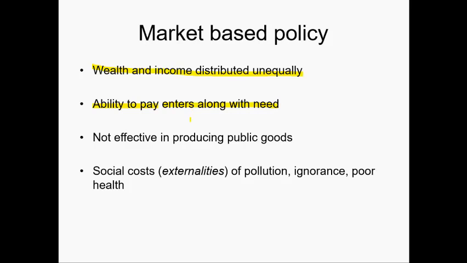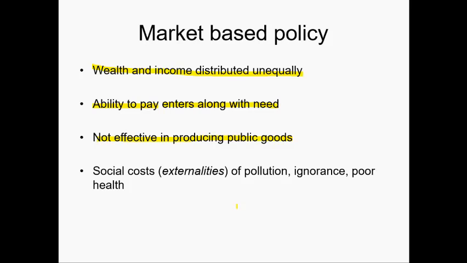So again, market-based policy is not going to be concerned with fairness or equality. We also know that market-based policy is not effective in producing public goods. We have tried to privatize education, but then of course that would mean that we could have a more stratified society, that only the people that could afford education would be getting it. So therefore we would have an intellectual divide as well as an economic divide.